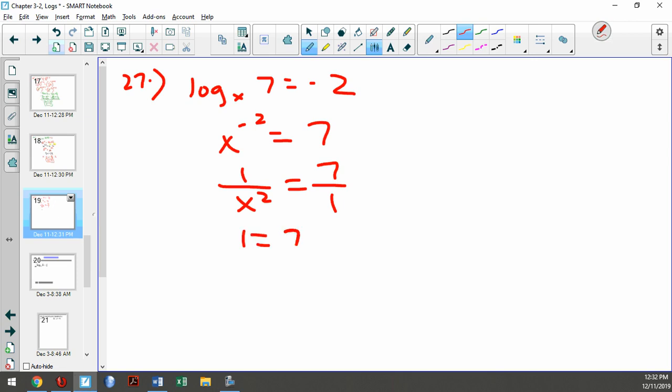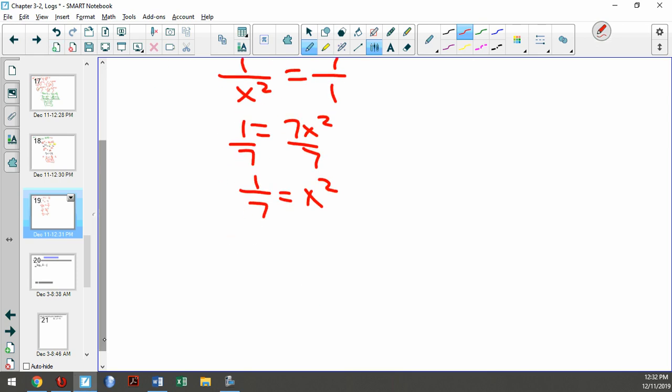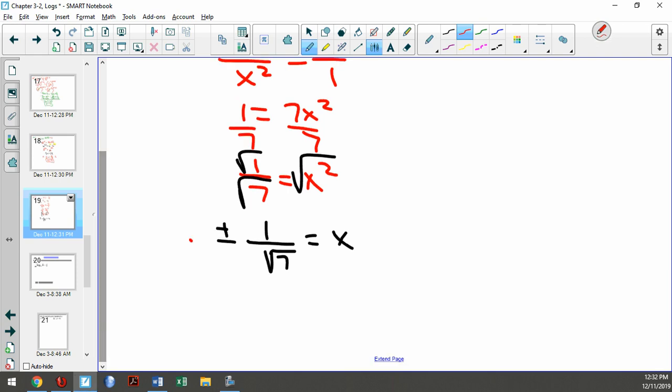I have 1 is equal to 7x squared, divided by 7. 1/7 is equal to x squared. However, now what do I do to get rid of the power of 2? Take the square root. So if I take the square root of the top and the bottom, I'm going to have 1 over the square root of 7 is equal to x. However, I can't have a radical in the denominator, so what do I have to do? Rationalize that, which means I'm multiplying by the square root of 7 over the square root of 7 to give me the square root of 7 over 7 is equal to x.